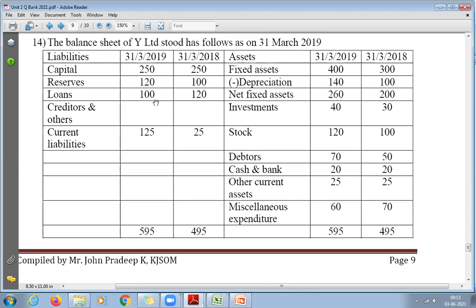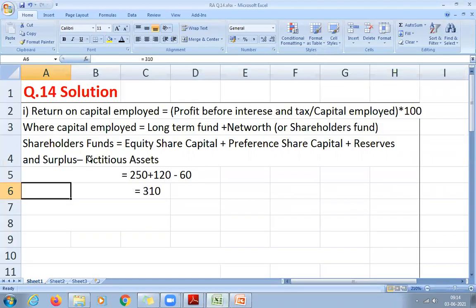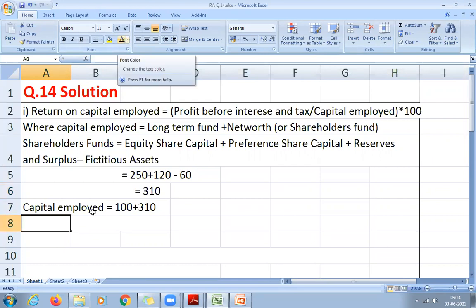If it were short term, it would have been mentioned under current liabilities. Since it is coming above that, this is a long-term loan, which is also long-term debt or long-term fund. So let us add 100 to 310. You get 410, so 410 is the capital employed.